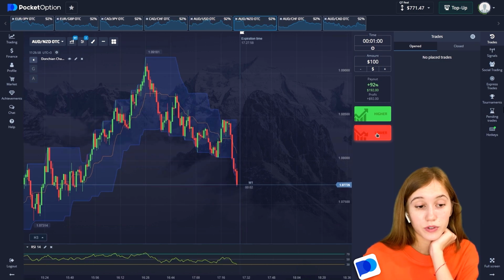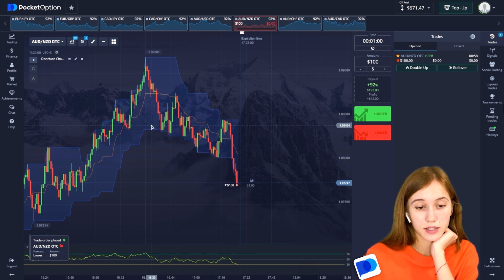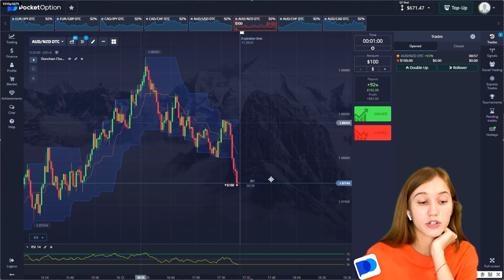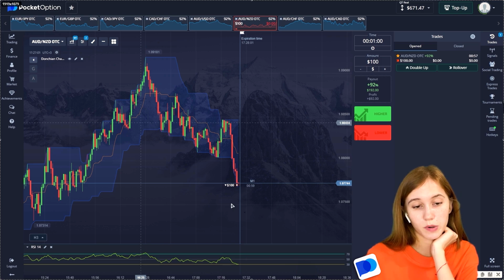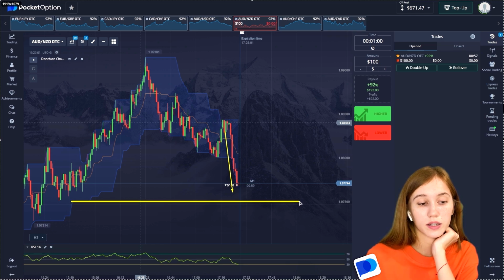Quickly open a down trade. Let's start our technical analysis. We're fast because there's a sharp drawdown and we need to catch the moment to go down as quickly as possible. We're moving towards this area of support. Here it's strong and it's more likely that there will be movement towards it, and that's why we open a position here. There's nothing more to say. The RSI has reached the oversold area.